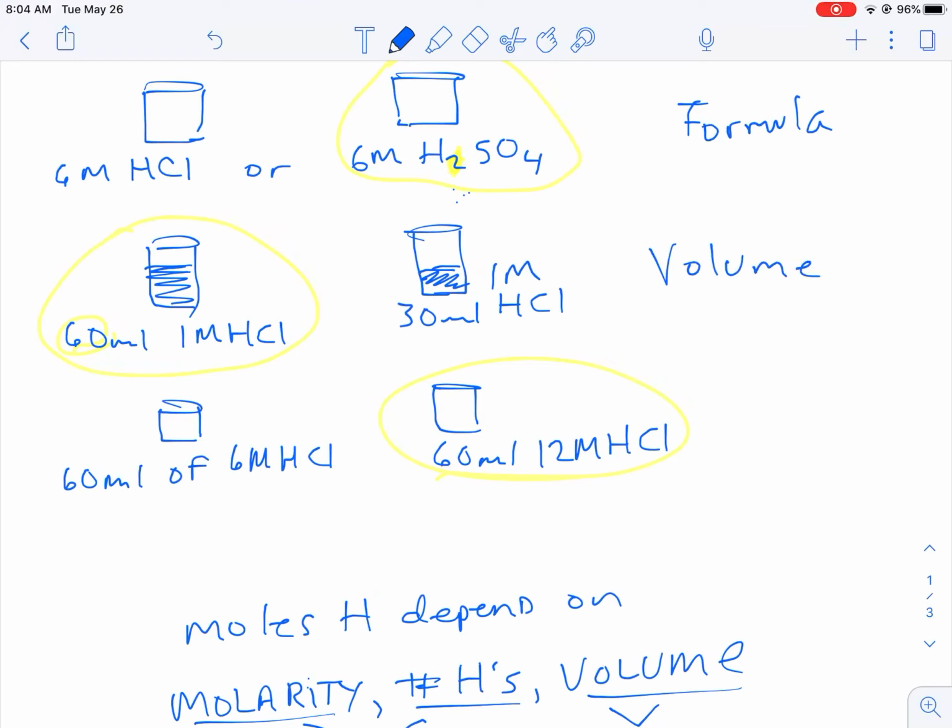And in the last one, it was the molarity itself. So there are three pieces, and these are the three scenarios that we need to know before we dive into an equation that deals with neutralization. And it's actually called titration. It's just neutralization with numbers. That's all it is.